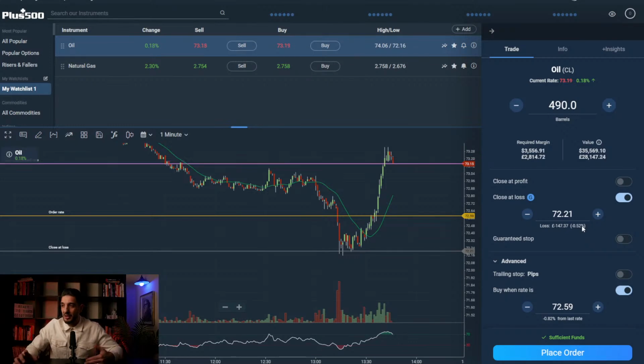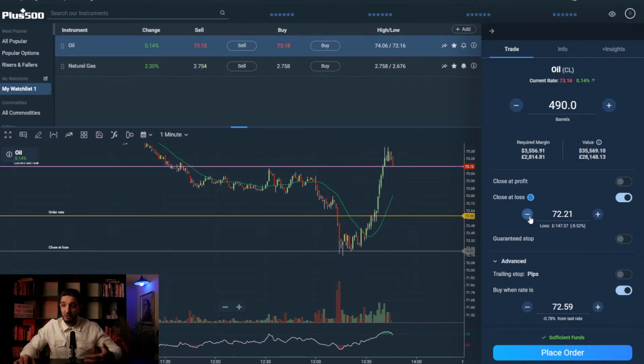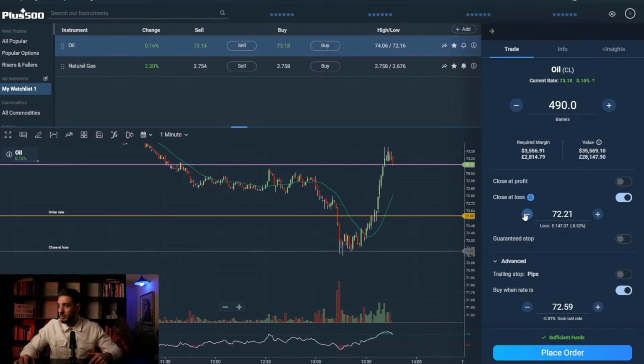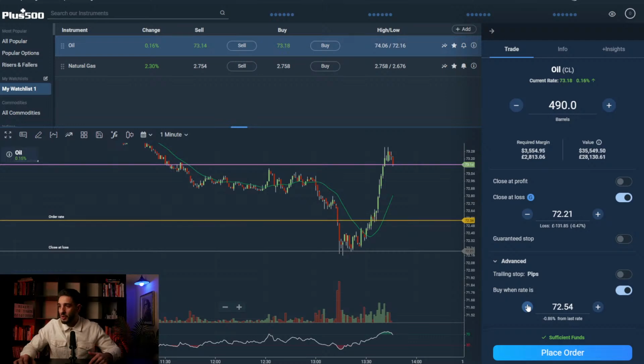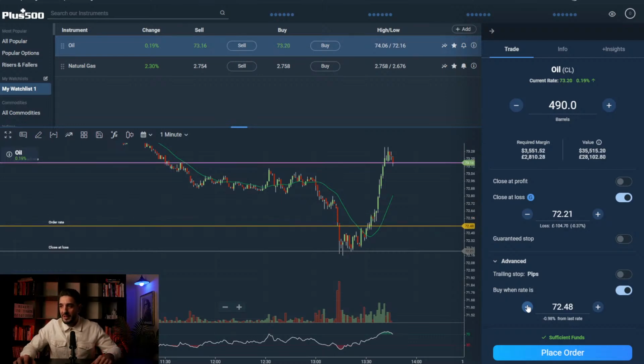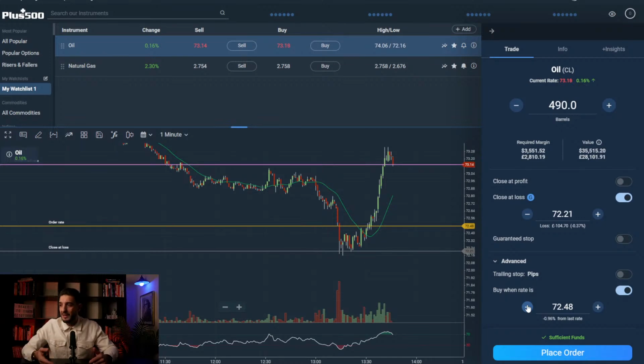So I don't really want to do that, kill myself trying to make some money, and then lose more than I can make. So that's why it is good, in fact, to be able to open closer to the moving average. Since we're breaking above that, we already have the confirmation of 1 candle above the moving average.